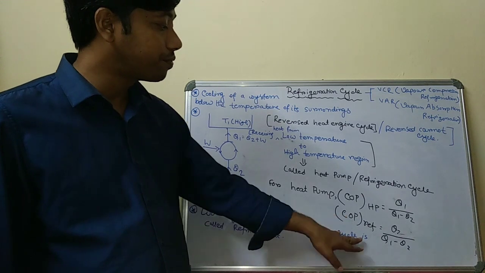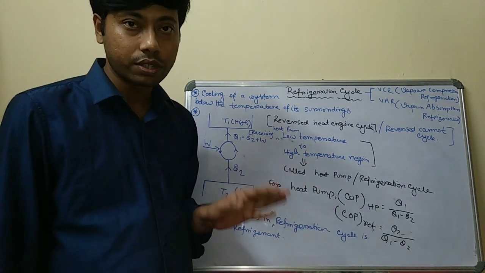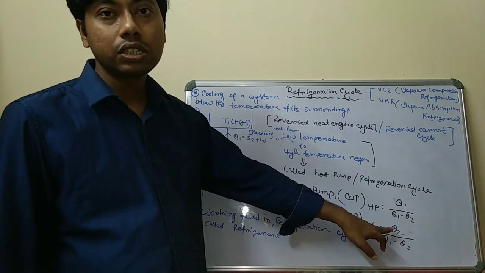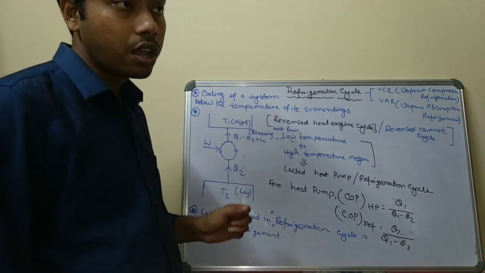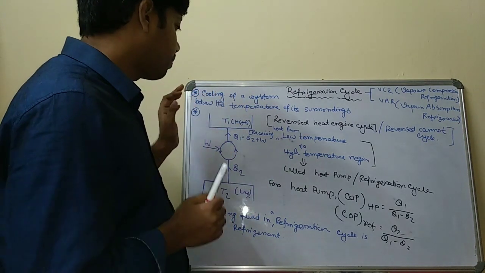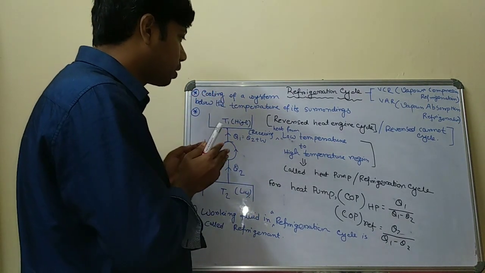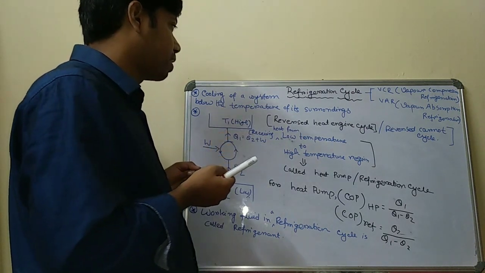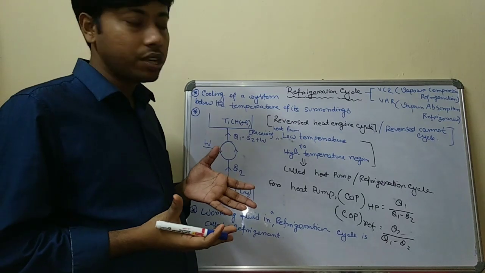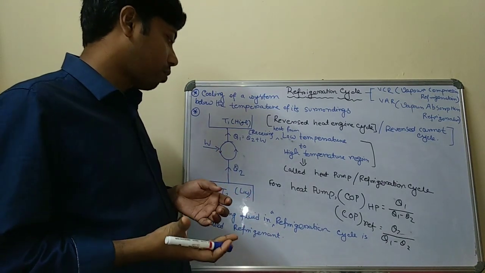Similarly, for the COP of a refrigerator, the coefficient of performance of a refrigerator is net effect, that is Q2. Why is it Q2? Because a refrigerator, as in the first line, indicates the cooling of a system. It requires the cooling of any system below the temperature of the surrounding.